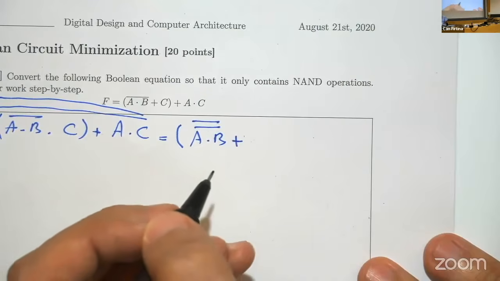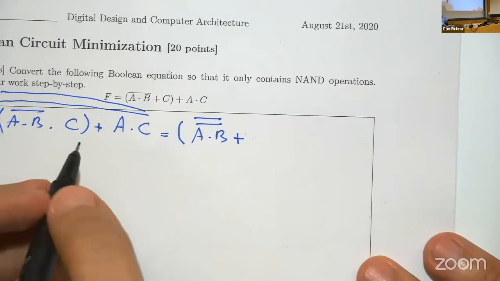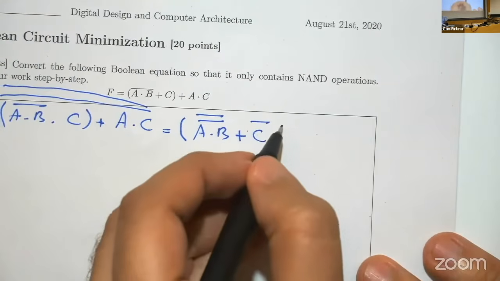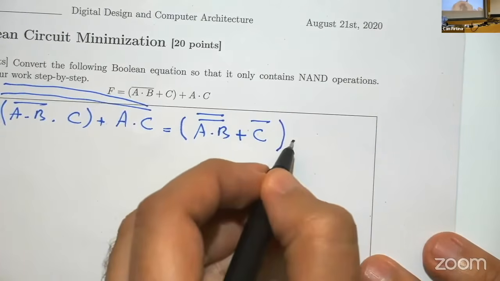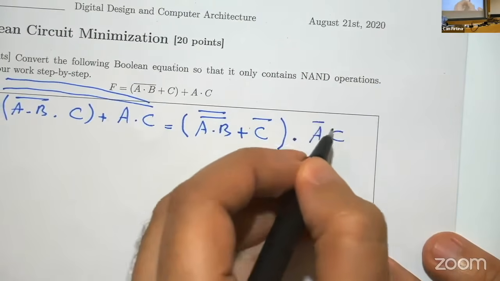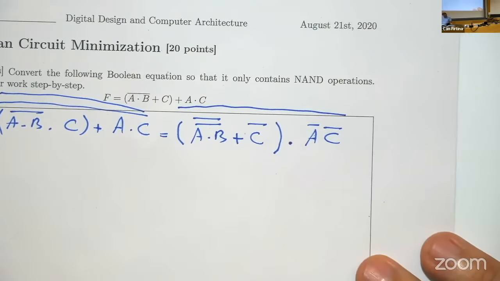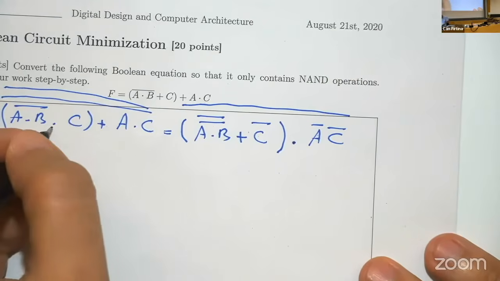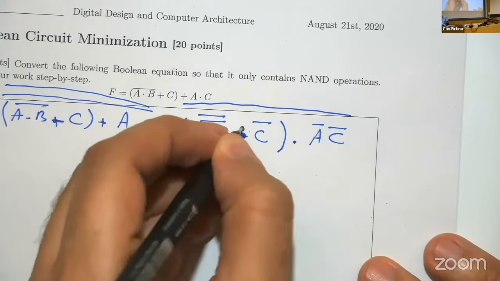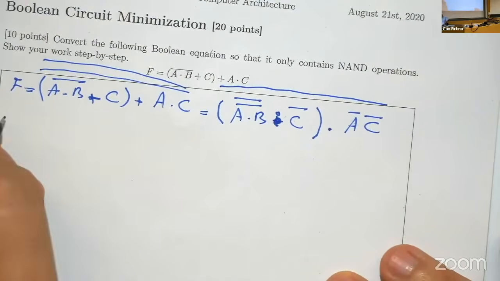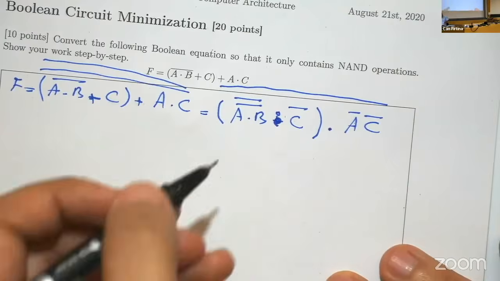plus C bar, A bar C bar. Then A bar not is A bar.